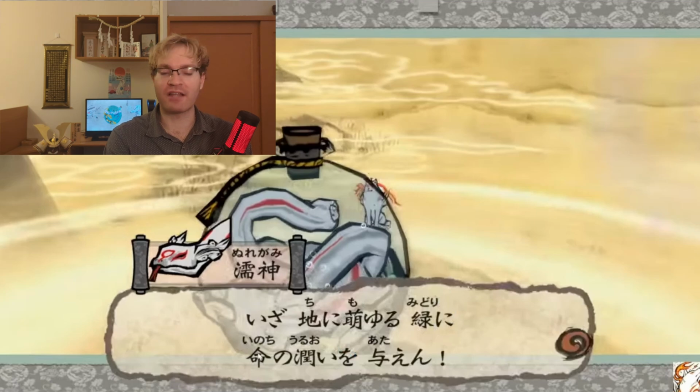So inochi means life, and then no means of, belonging to, right, of. However, when we're translating from Japanese to English, and we have no, right, which translates to of, okay. When we translate it into English, we can take the words and change them into whatever. So life of uruoi, which again, we've seen uruosu, which means to dampen.